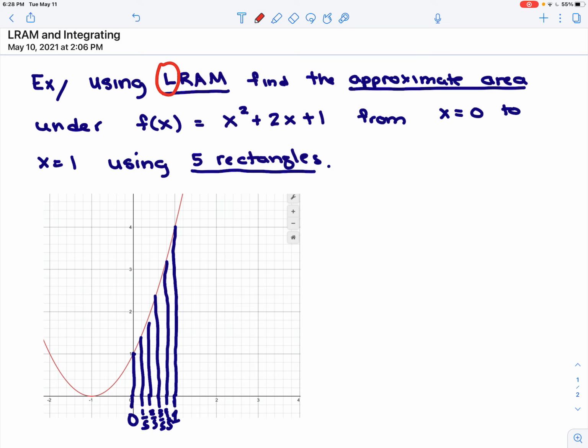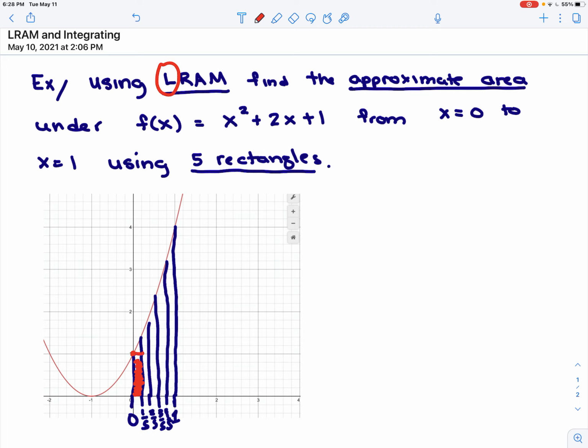So I have a rectangle here, and when I go to make the top of it, I'm going to go to the left and where it hits the graph and cut over and make the top. As opposed to, if I went to the right, I would make the top of the rectangle starting from the right. Okay, so I'm hoping that makes sense.